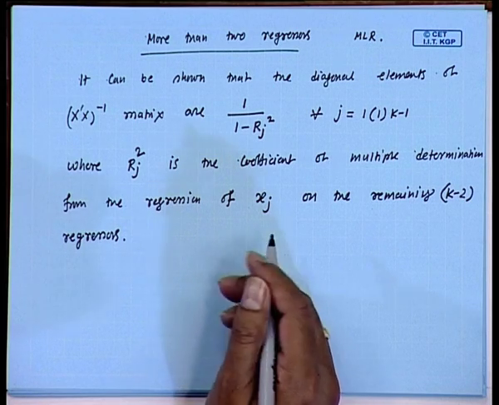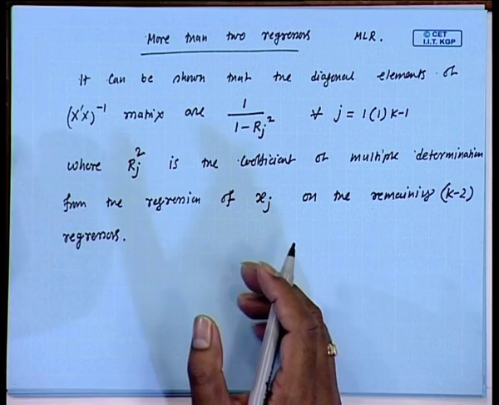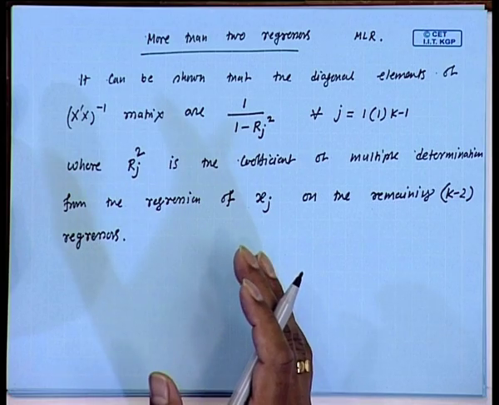We know what the coefficient of multiple determination is in a multiple linear regression model: R square is equal to SS regression by SS total, and this parameter measures the proportion of variability in the response variable that is explained by the regressor variables.